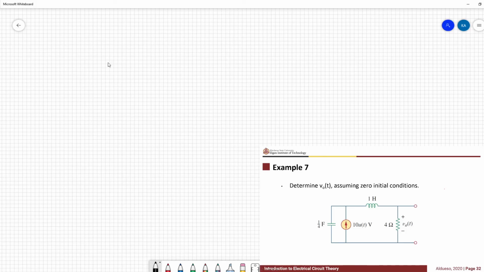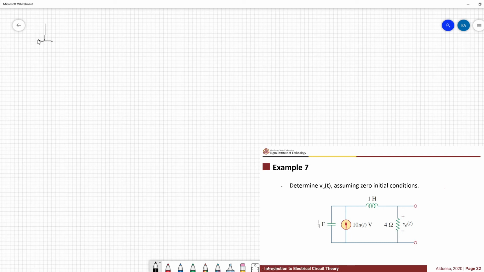For the first example, determine vo(t) using Laplace, assuming zero initial conditions. So first, let's convert our circuit into the S domain, or frequency domain.